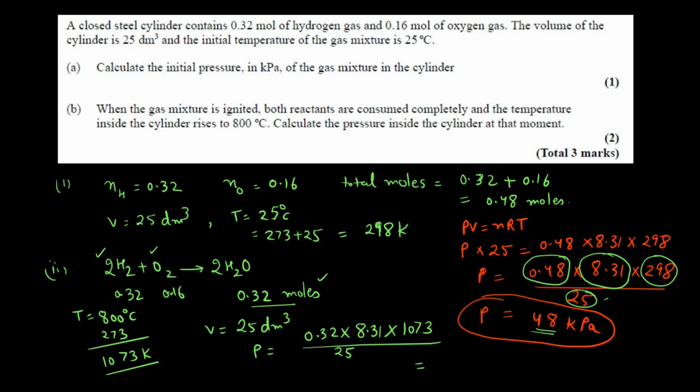Now we will again report our answer in two significant figures. So this is 0.32 multiply 8.31 multiplied 1073 divided by 25. So this will come out to be 110 kilopascals.